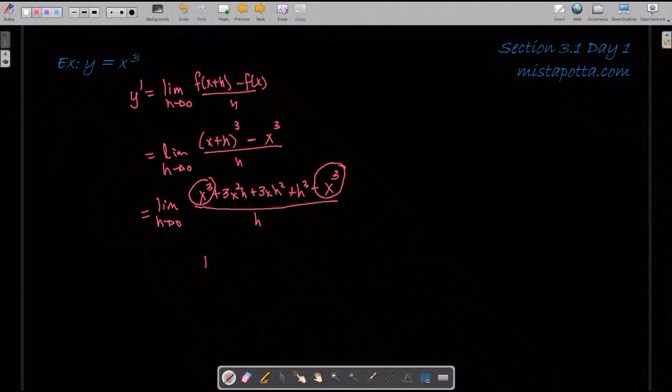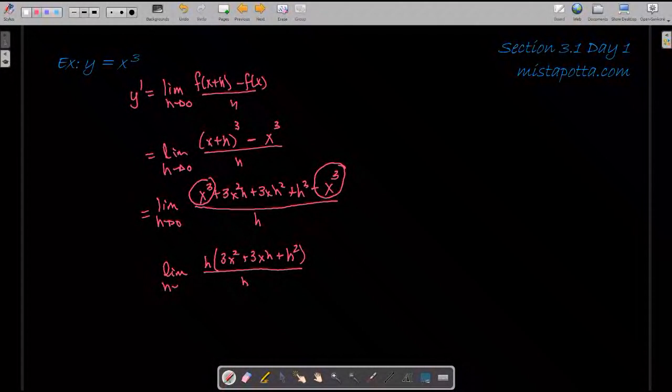So I can factor an h out and be left with 3x squared plus 3xh plus h squared, all divided by h, the limit as h approaches 0.